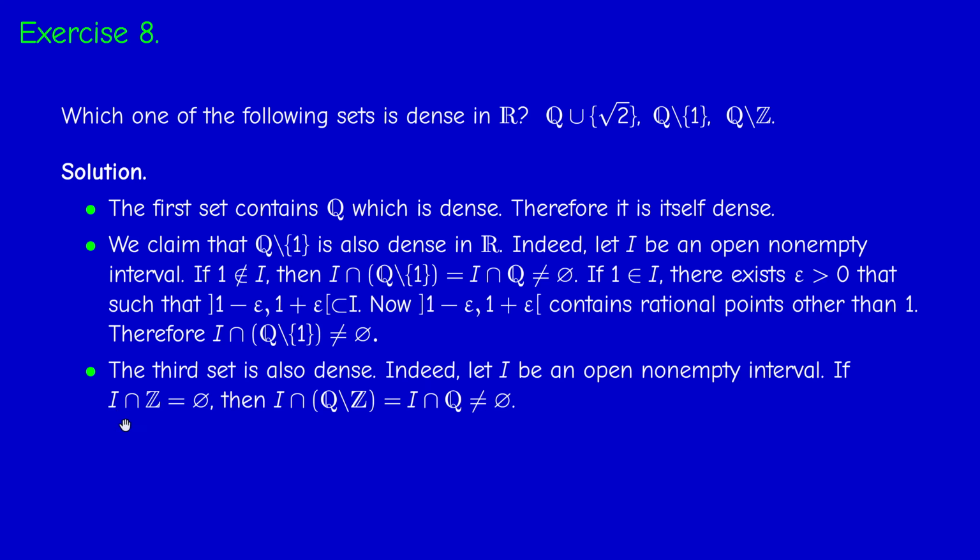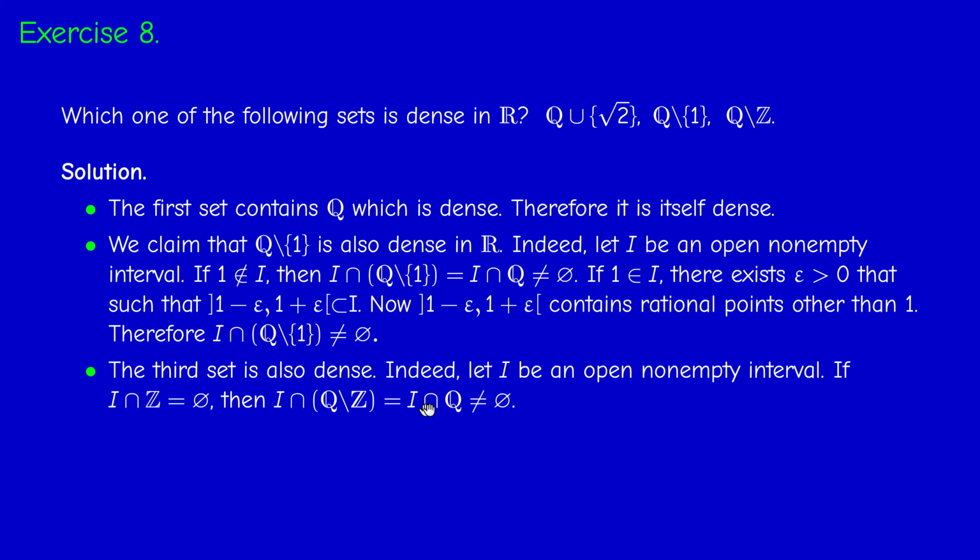If this open interval doesn't contain integers, so the intersection with the integers is empty, then, as you may check, the intersection of I and Q without Z is the same as the intersection of I without Q, intersected with Q. Double inclusion: if we take an element X here, then X is in I and Q, so it's here.